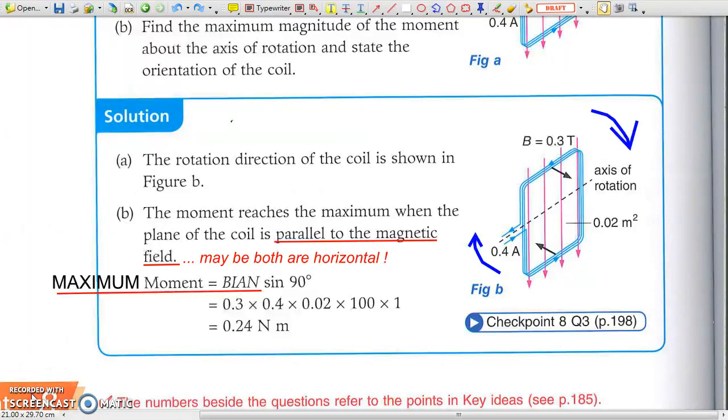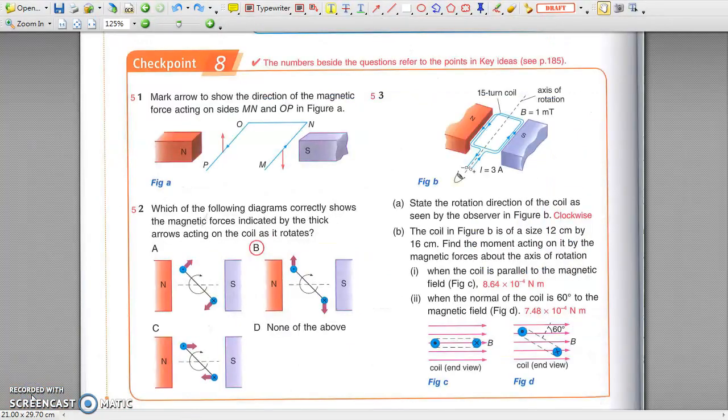In fact, the moment is a sinusoidal function that varies with the amplitude of NBAI as shown on the last page. Do check point 8 below.